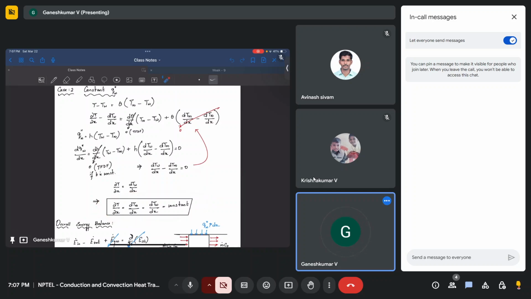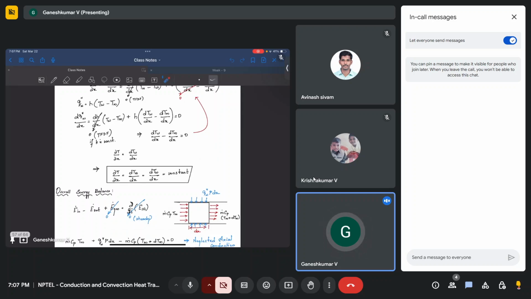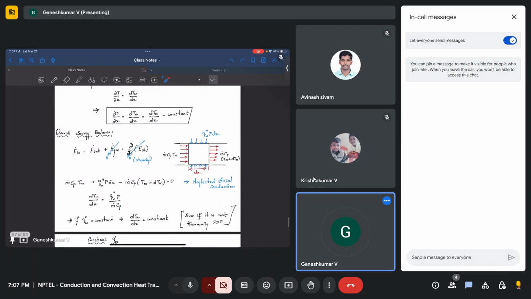So basically, the actual temperature gradient is nothing but your mean temperature gradient. Then we did an energy balance to show what dTm by dx is, and it turns out to be heat flux times perimeter by m dot into Cp. So it's a simple heat balance that we can do for this kind of control volume.